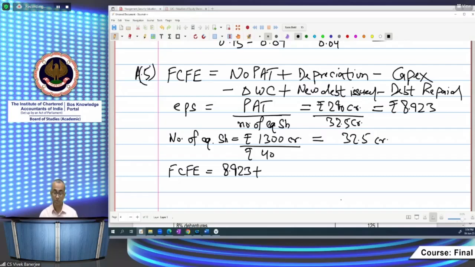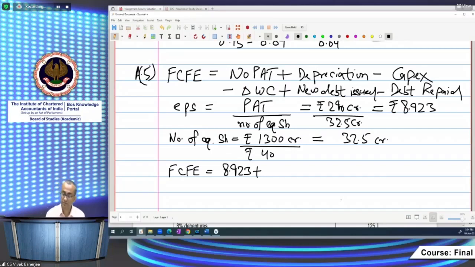But we are calculating free cash flow to equity. Therefore, all these figures have to be calculated in proportion to the equity. And what is the proportion of equity? It is 73%. Why? Because debt portion is 27%. So out of 100, debt portion is 27%, so equity portion is 73%. So we have to calculate every figure in proportion to the equity, which is 73%.